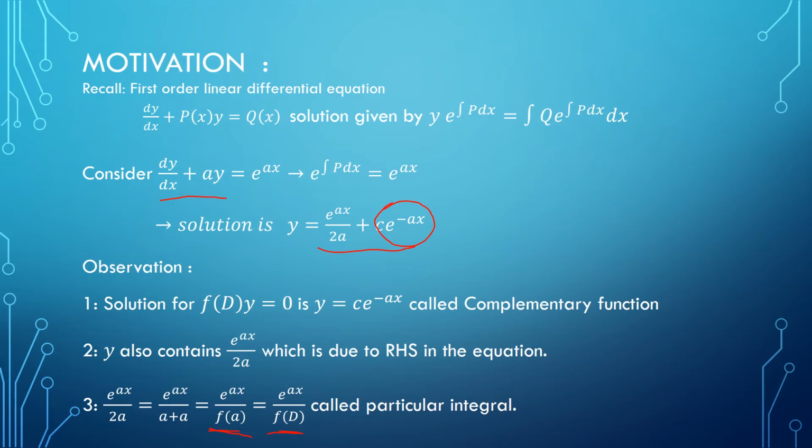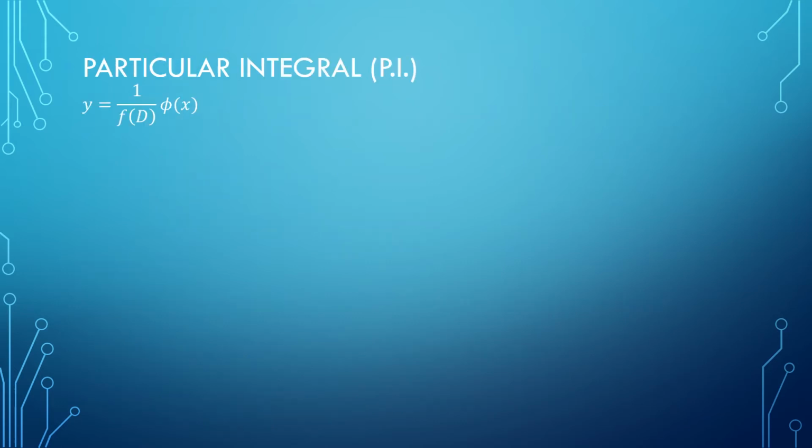So here my polynomial will be D plus a, where d by dx is replaced by capital D. And this expression we are finding here, 1 upon f of D operated over e to the power ax, is the rule for finding particular integral. This y equal to 1 upon f of D operated over my RHS, phi x, I'm going to call the particular integral.